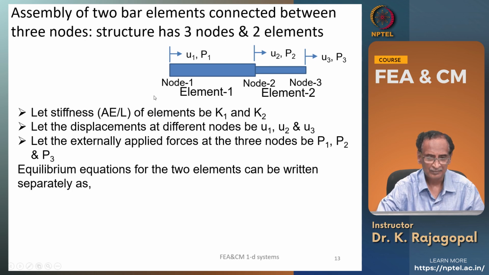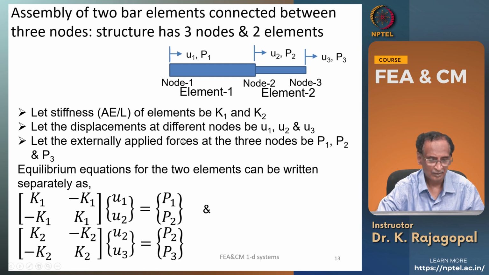The equilibrium equations for the 2 elements can be written separately, for element 1 and element 2, like this. For element 1, connected to degrees of freedom u1 and u2, we can write: K1, minus K1, minus K1, K1, times u1, u2, is equal to P1, P2.